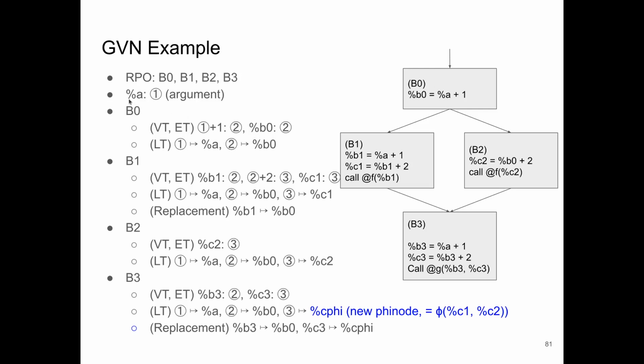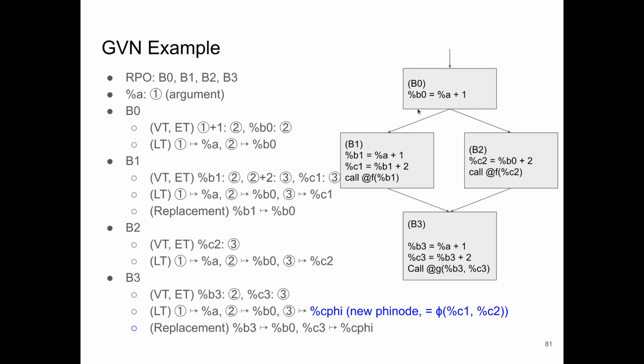And let's say A is numbered with number 1, and we are going to process this instruction and say that, oh, number 1 plus constant 1 should be number 2, and B0 should have number 2. And furthermore, at the end of this block 0, we are going to say, oh, in the leader table, number 1 should have a leader ampersand A, and number 2 should have the value ampersand B0.